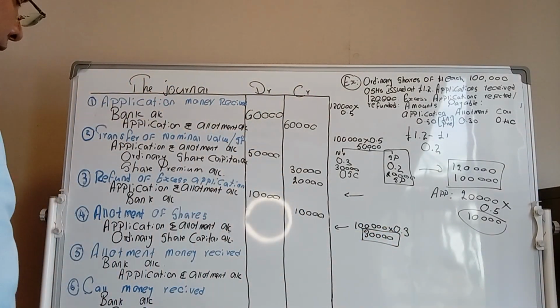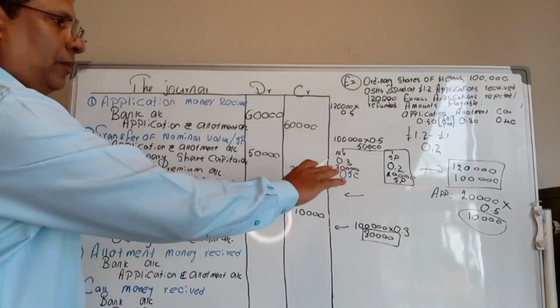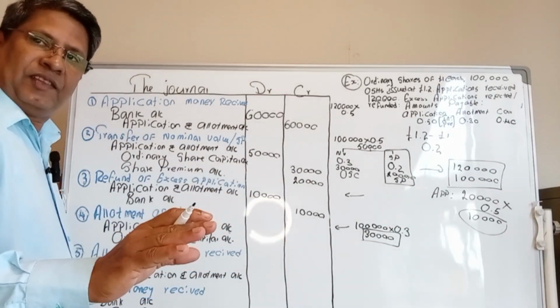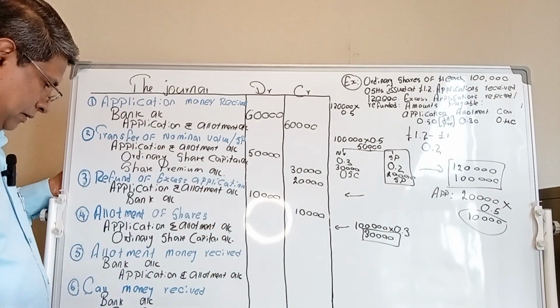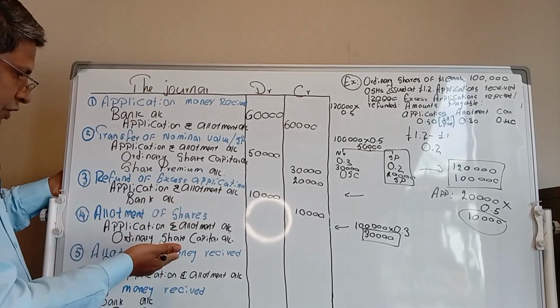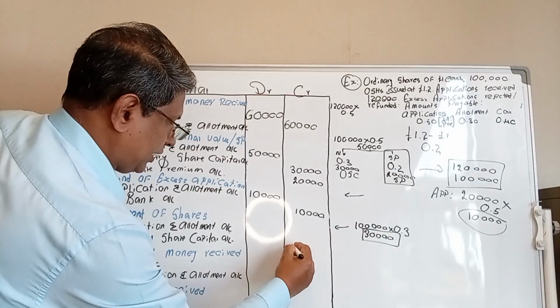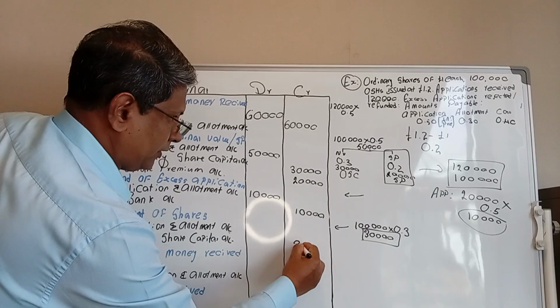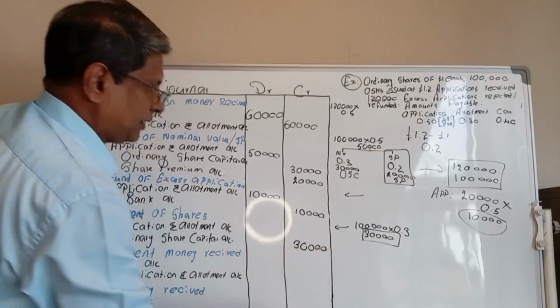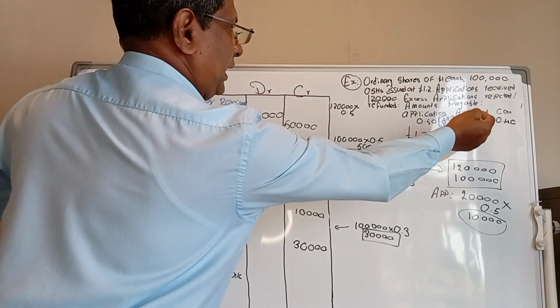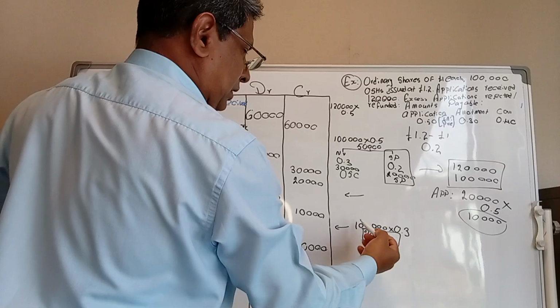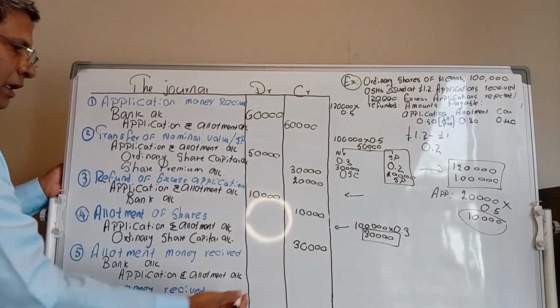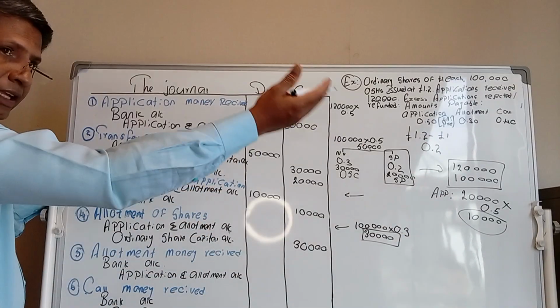The transaction, I've always said, the nominal value amount has to always go to the ordinary share capital. So for the allotment of shares, I'm pretty sure now this has to go to the ordinary share capital. So I will credit my ordinary share capital. 0.3 allotment amount per share, 100,000 shares, that was 30,000. That is the allotment.